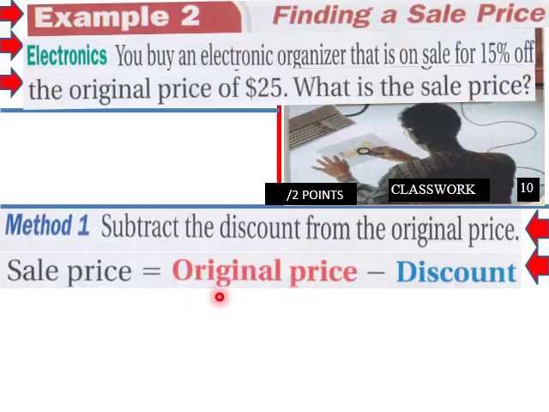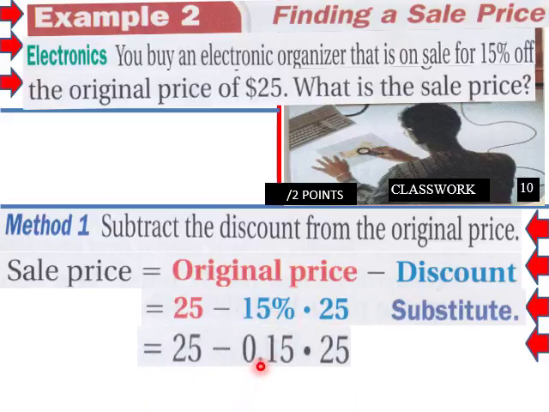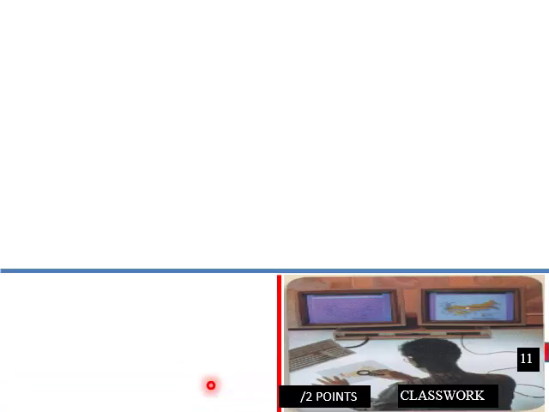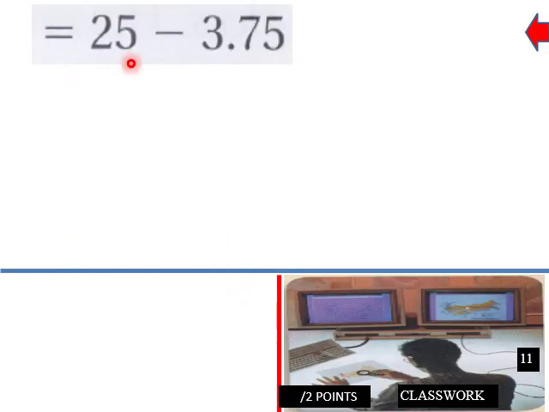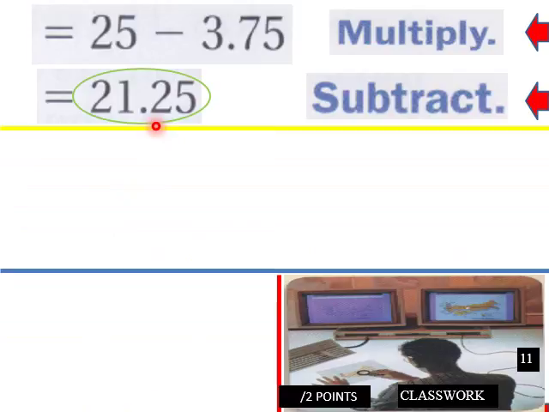So the sale price equals original minus discount: 25 minus 15% of 25, so 0.15 times 25. That's right, 15% is 0.15. So we have 25 minus 3.75. There's our difference: 21.25 would be our sale price.